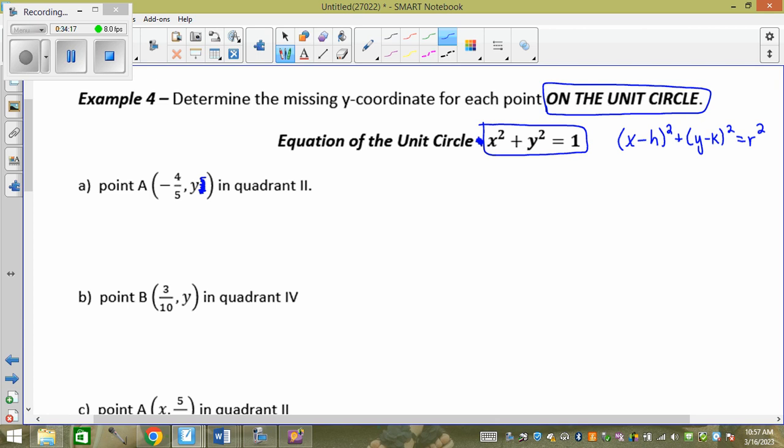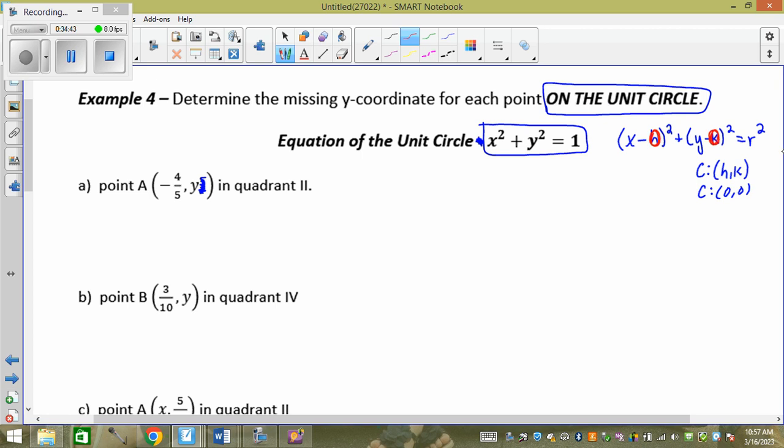That is the formula. H and k are the center of the circle. What is the center of the unit circle at? 0, 0. Remember, it's this little tiny thing that's in a 1 by 1 block. So the center of the unit circle is 0, 0, and I'm going to put a 0 in for my h and a 0 in for my k.